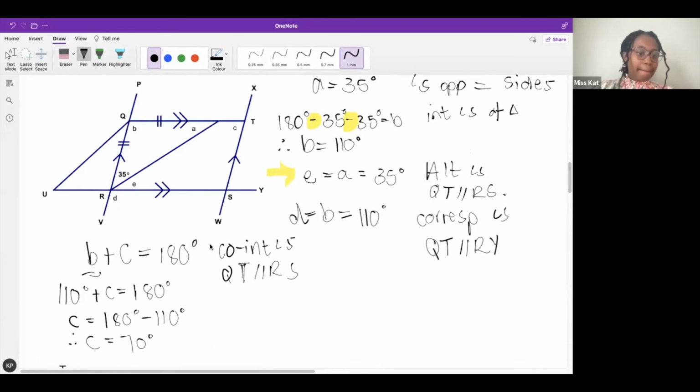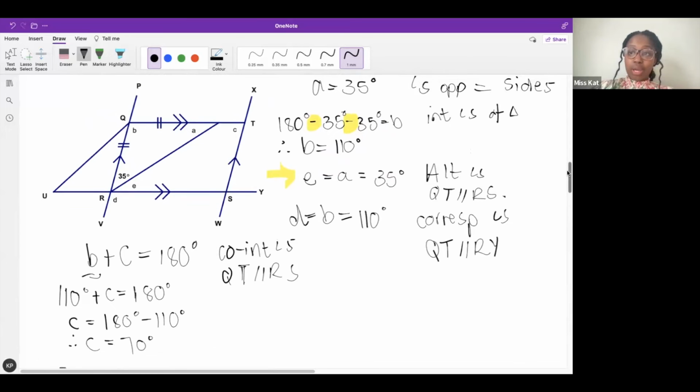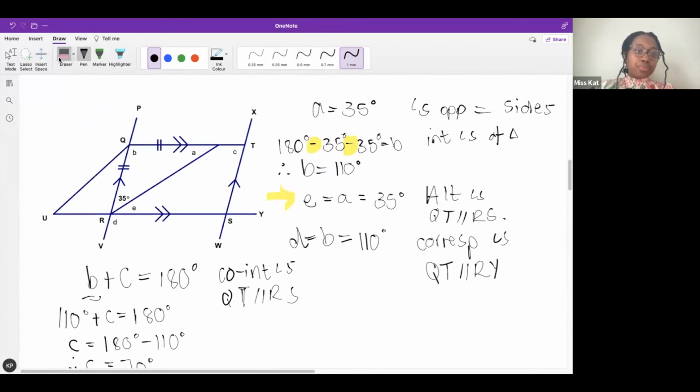I just wanted to ask, why couldn't the reason for angle A be isosceles triangle? Okay. So you have to specify which property you're using. When we say we're making them equal because they are angles opposite equal sides, we are saying we were given the equal sides. So we're using the property of equal sides to assume that it's equal angles.